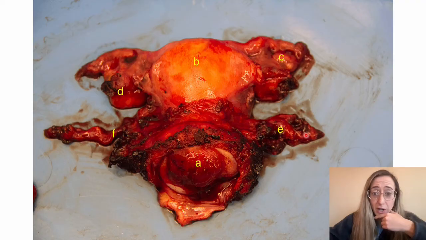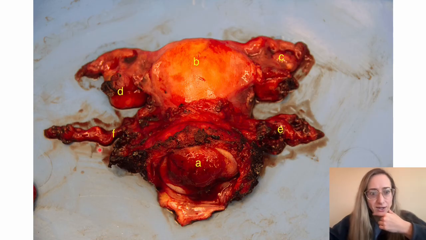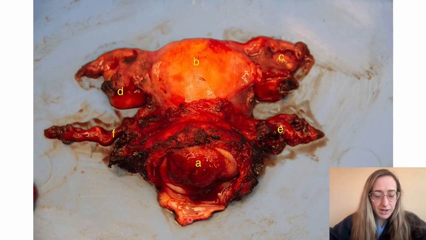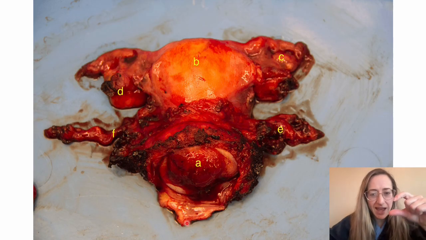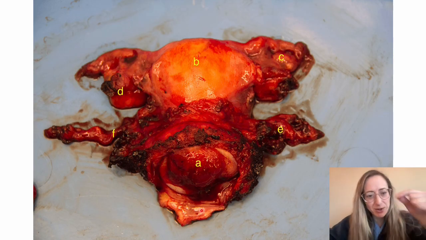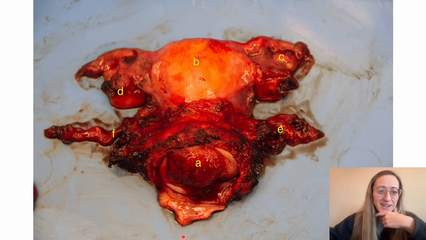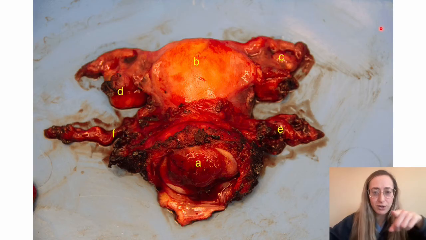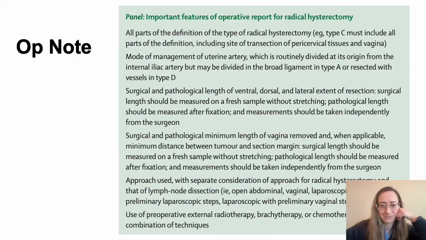You have this parametrial tissue lateral. Here's your uterine that you took off, that you were retracting medially here. And then your 1/3, 1/4 of your vaginal margin. It kind of retracts once you have it off of tension. But this is a really nice specimen here, which yours will look exactly like that.